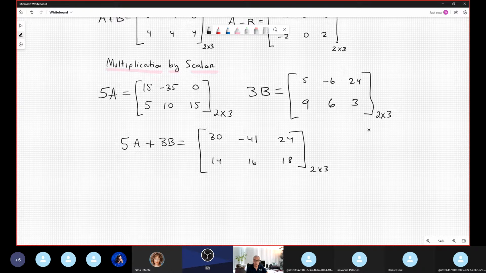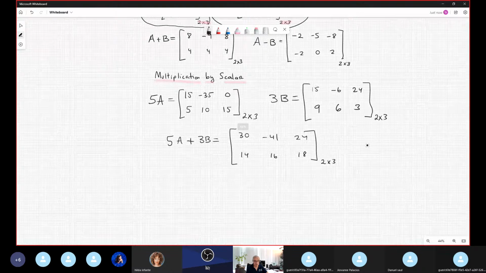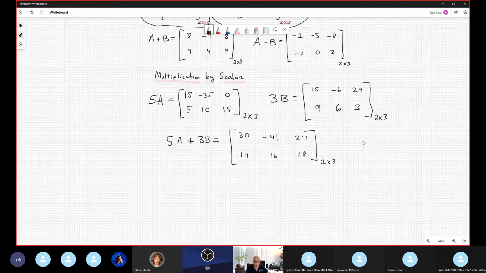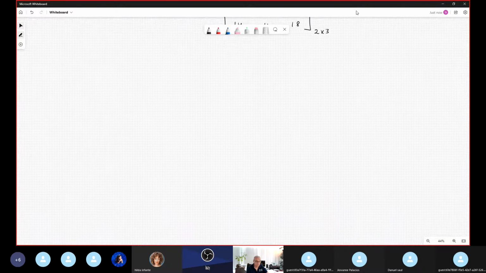To verify that you understand this, because it's too easy, I propose a new example, a little bit more interesting. Suppose two matrices, A and B, are given. A is 2, 5, 1, 4.